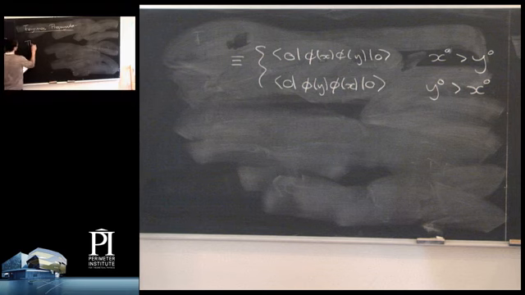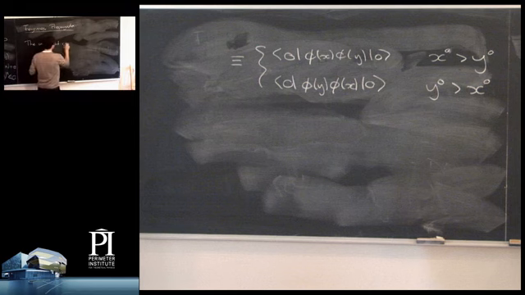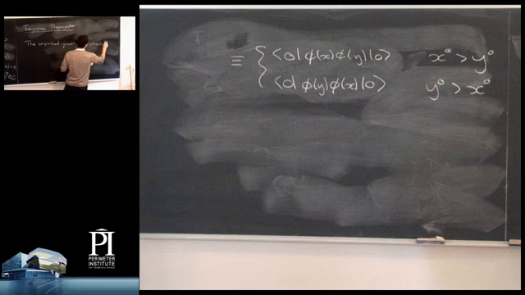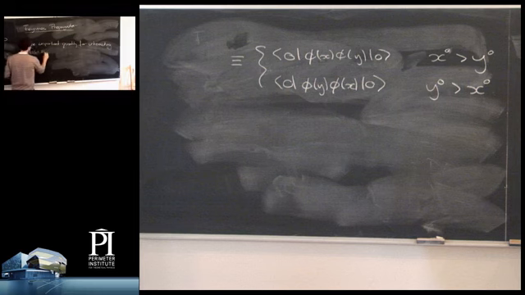Yeah, it's the two-point correlation function. The important quantity for interacting field theories is the Feynman propagator.